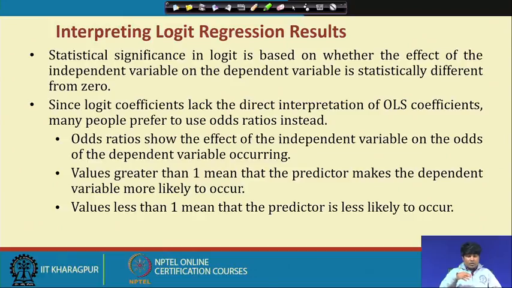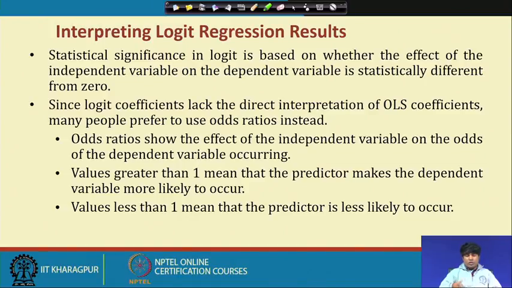However, the interpretation of the logistic regression model is not so straightforward, because the effect of an independent variable on the dependent variable is statistical. It is a similar kind of testing procedure, but the interpretation is slightly different. Directly you cannot use the usual procedure of OLS estimation. Here the interpretation depends upon the odds ratio, which is p by 1 minus p.